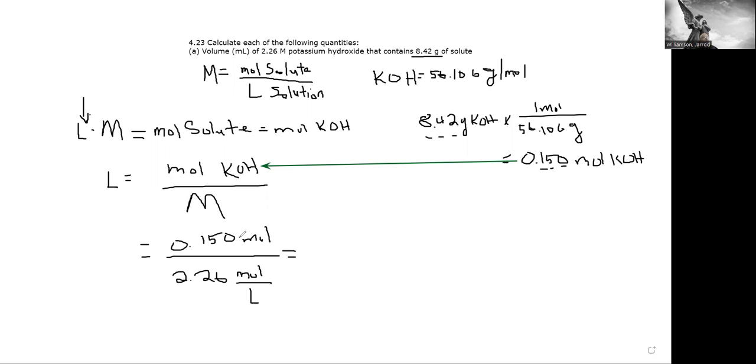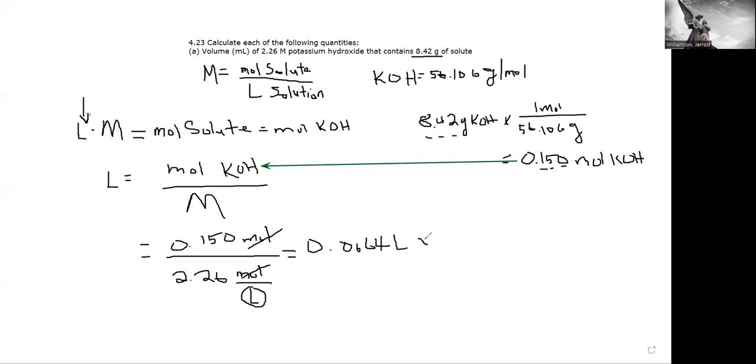So if I divide those, moles will cancel with moles. I'll be left with liters on the top. That's going to give me 0.0664 liters of solution. And I want to convert that into milliliters.